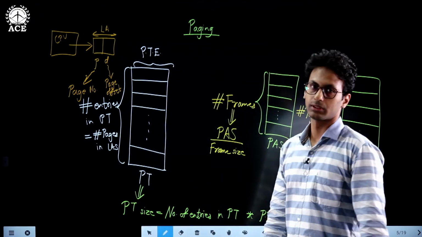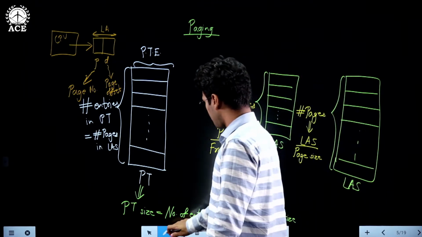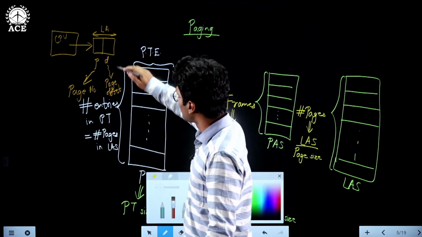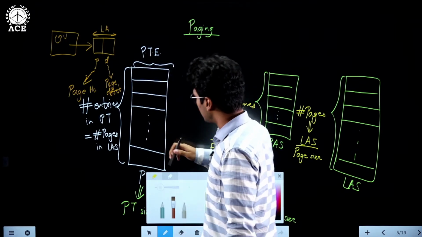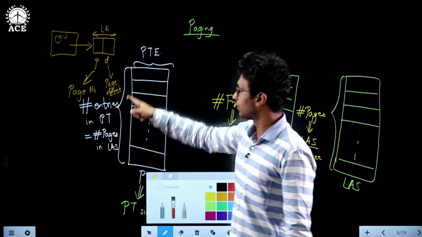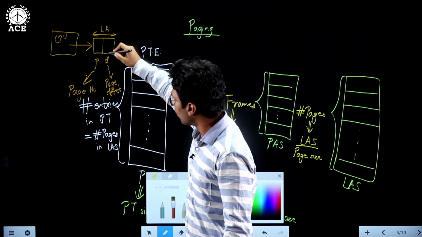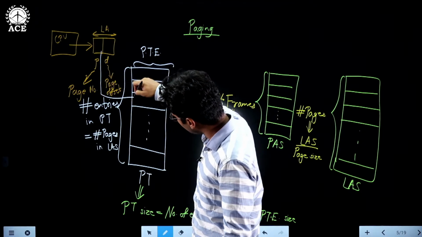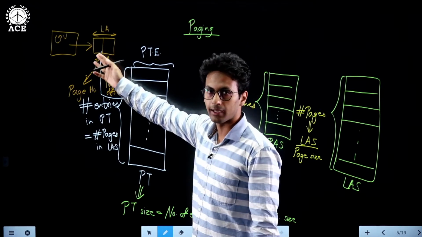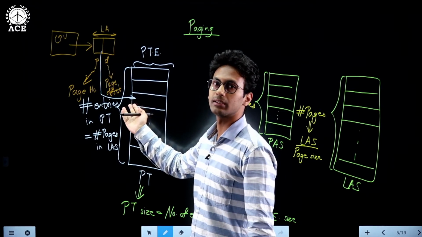Page number and page offset. From this P, since the number of entries in the page table is equivalent to the number of pages, 0, 1, 2, whatever it might be, will go to a particular page table entry. Let's say the page is 5, we'll go to the 5th page table entry, isn't it?